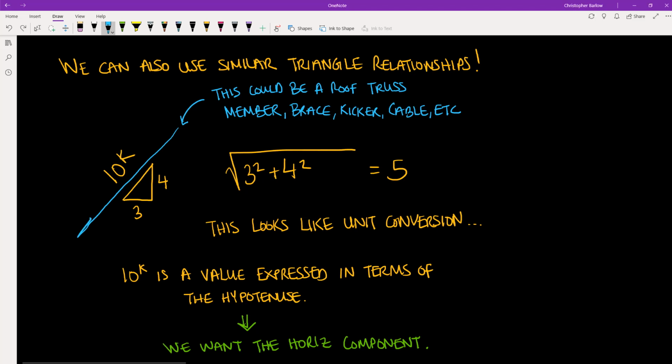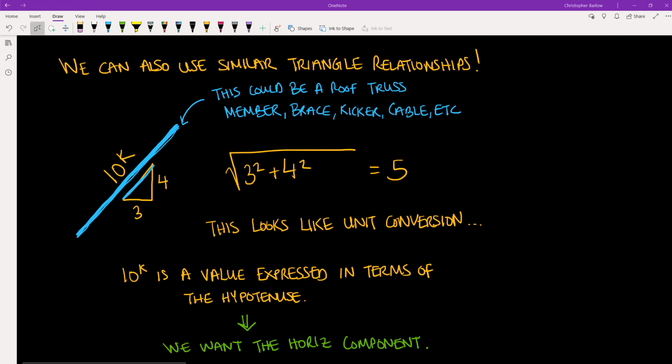So let's say we have a diagonal structural member, and we know that its slope is defined by 4 over 3, a rise of 4 over a run of 3. So let's say that this 10 kip force is an axial force that is acting along the length of the member, or the hypotenuse of our triangle.